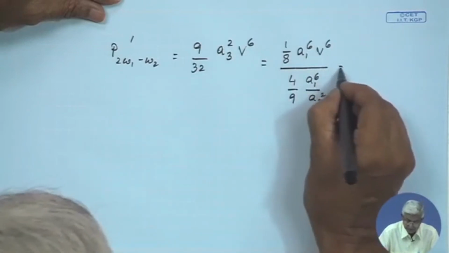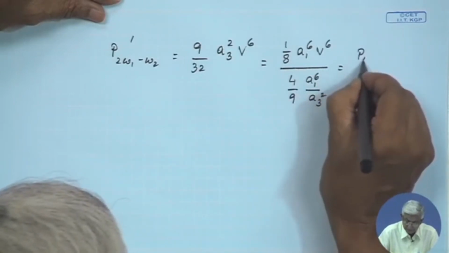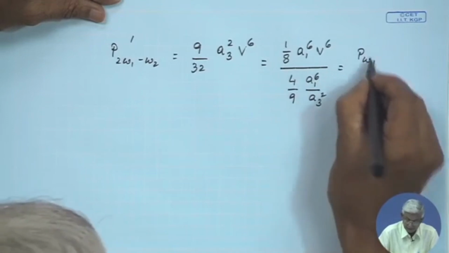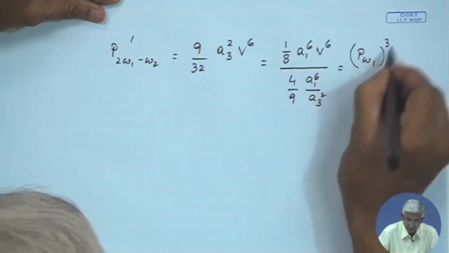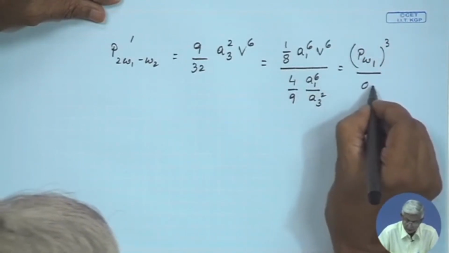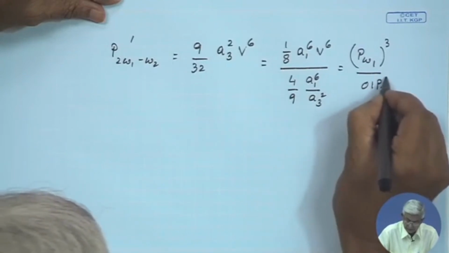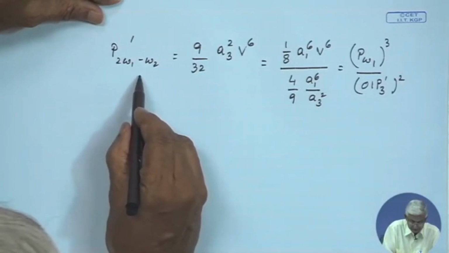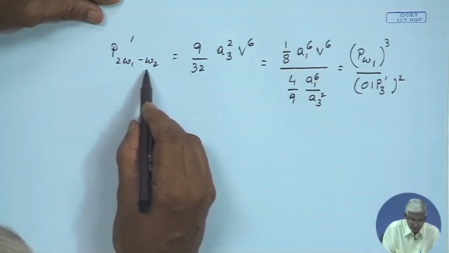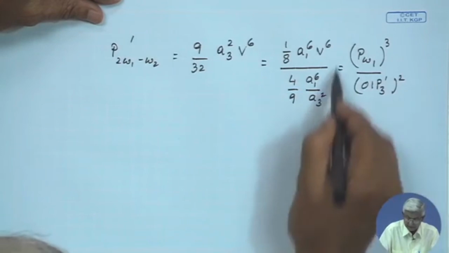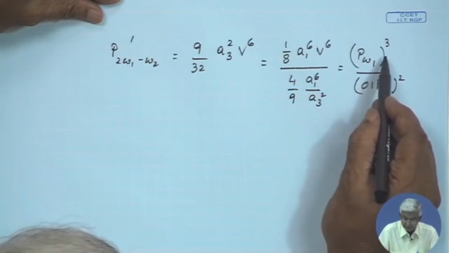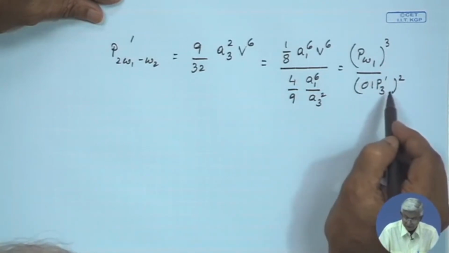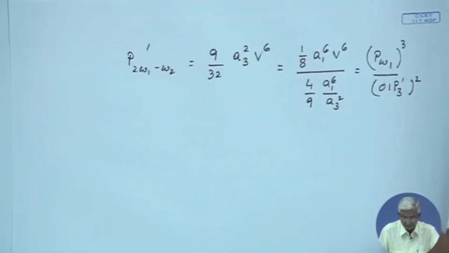But this means P omega 1 cube by OIP3 prime square. So, I have a relation: P 2 omega 1 minus omega 2 prime is P omega 1 cube over OIP3 prime square.